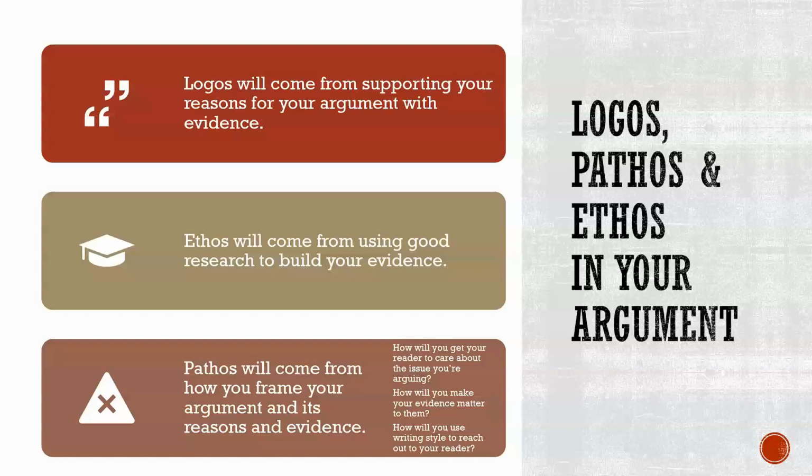So logos will come from supporting the reasons for your opinion, for your argument, with evidence. Ethos kind of comes out of that too, because your reader will trust you more if you're using evidence that comes from credible sources. And then pathos, which we'll talk more about in another part of the module, generally comes from how you frame your argument and its reasons and evidence. So you'll think about, probably especially in your introduction and conclusion, how you'll get your reader to care about what you're arguing.